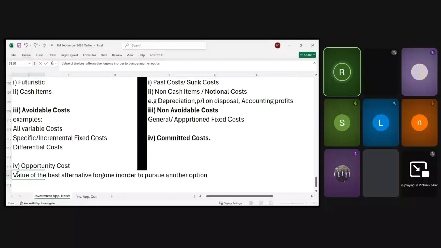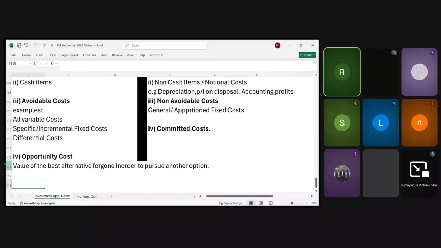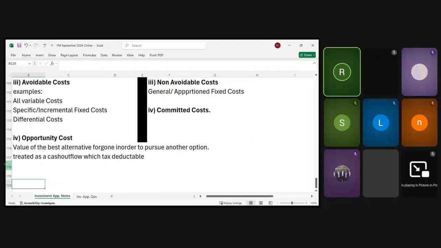How are you going to treat opportunity cost in your investment appraisal? An opportunity cost is treated as a negative, as a cash outflow, which is tax deductible. It's a tax deductible expense in your investment appraisal.